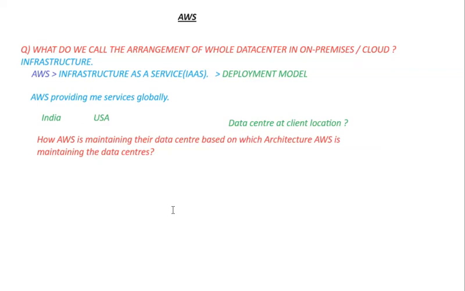Now I will tell you how AWS is maintaining their data centers and which architecture AWS follows to maintain them. Let's say AWS has a data center here. This is data center one, you can say.